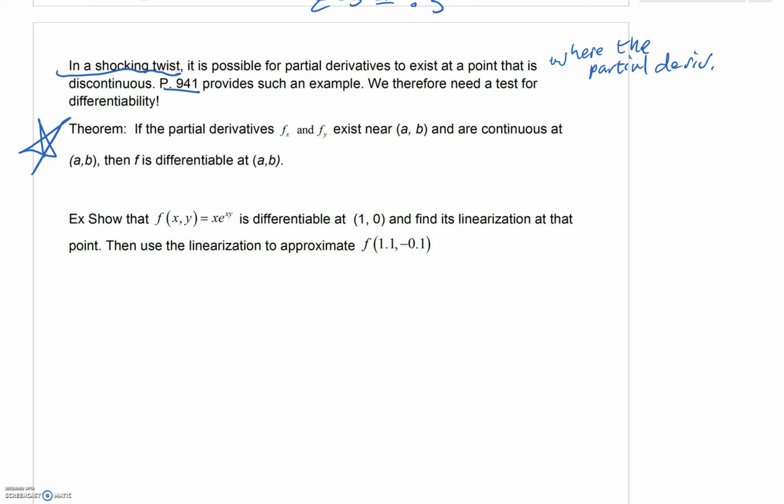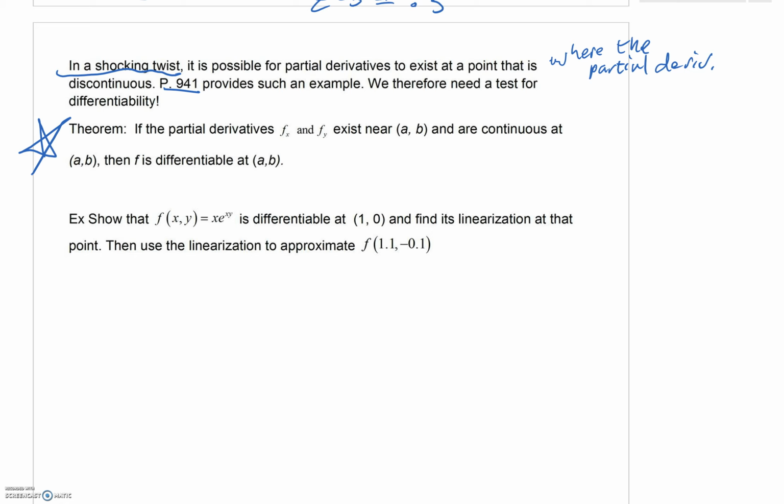Of course, continuity is required. So we're always going to take our derivatives, but quickly also determine continuity. Let's take a look at this next example. We have a function x e to the xy. Show that this function is differentiable at the point 1, 0.